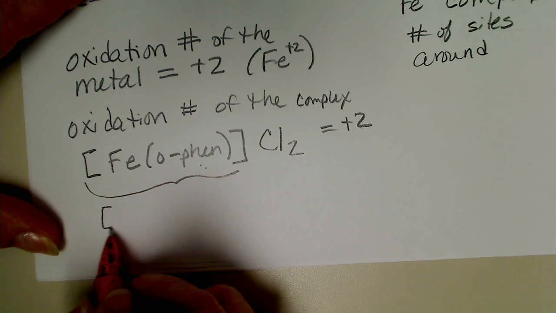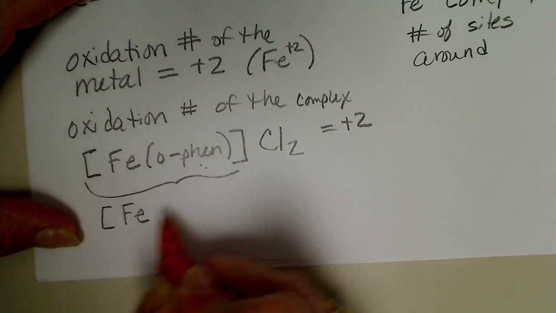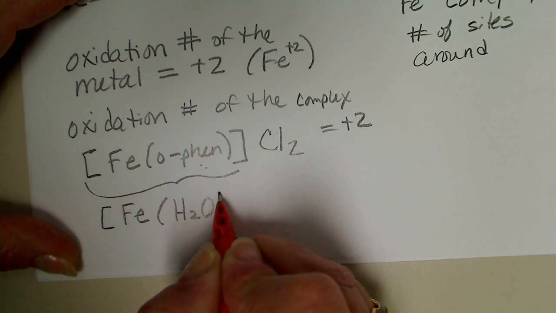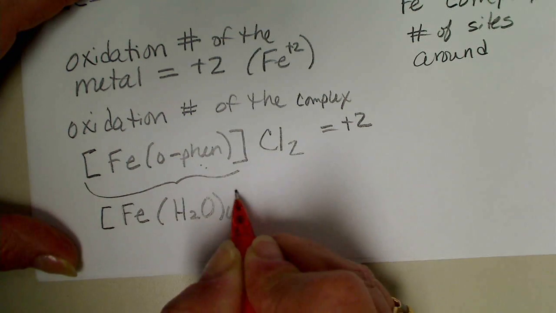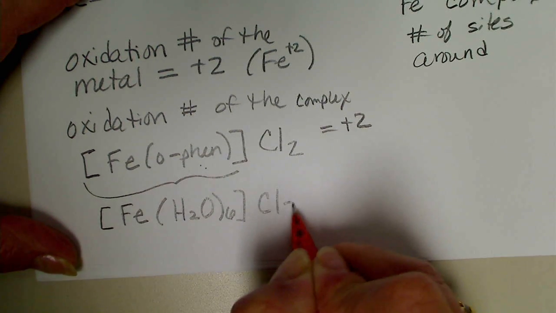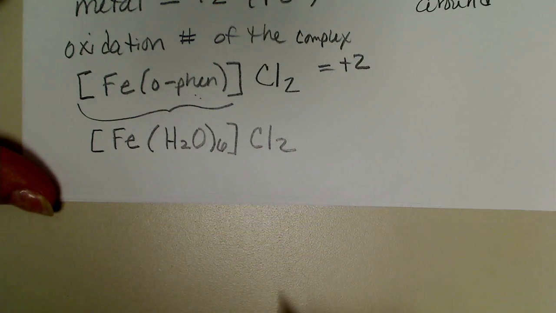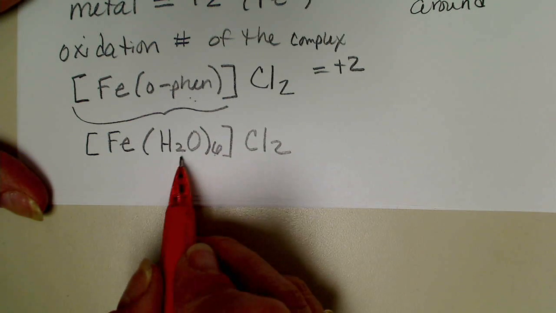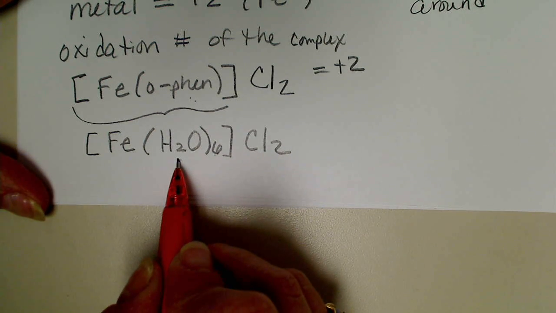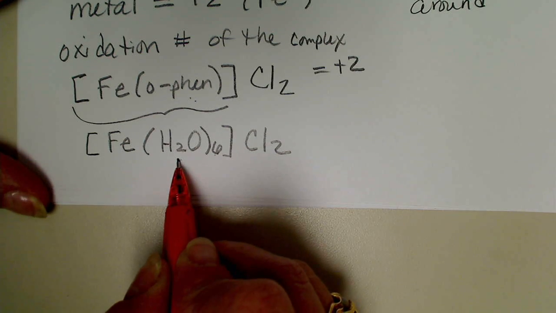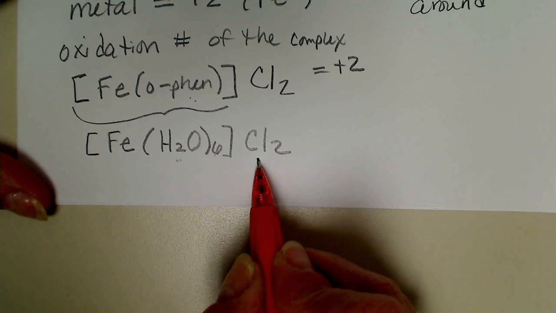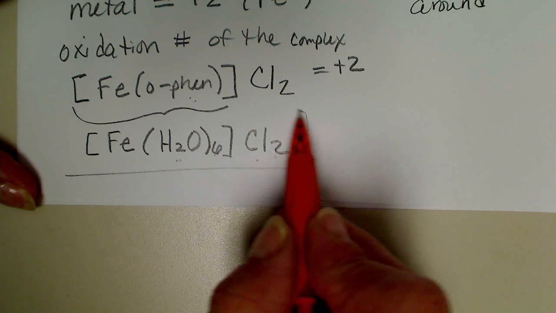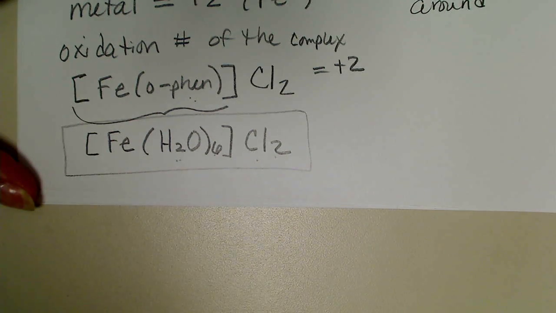So we could have the exact same formula, and let's say, for example, that waters, which are neutral, coordinated that metal. So in that case, if we tried to draw that really quickly, we would have 6 monodentate ligands, or 6 waters around the ion, and then the chlorides out here just serve to keep the entire charge of the compound equal to 0.